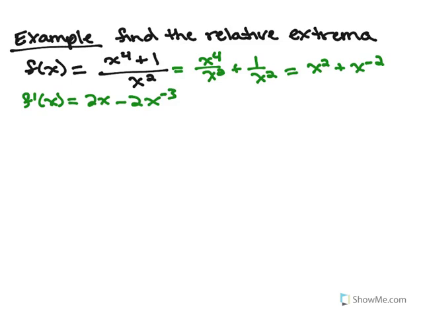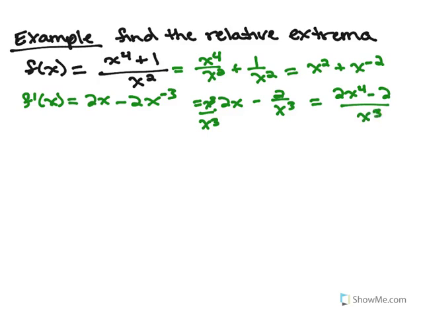And if all I was doing was taking a derivative, that's a good answer. But to find critical numbers, we need to find a simplified fraction, right? We want to find a common denominator. So if I rewrite that as 2x minus 2 over x cubed, then to find a common denominator, I want to multiply this one by x cubed over x cubed, and I'm going to get 2x to the 4th minus 2 over x cubed.